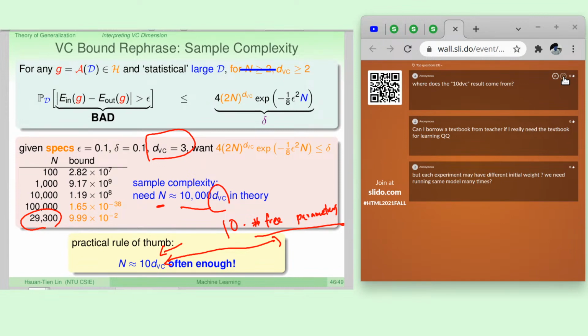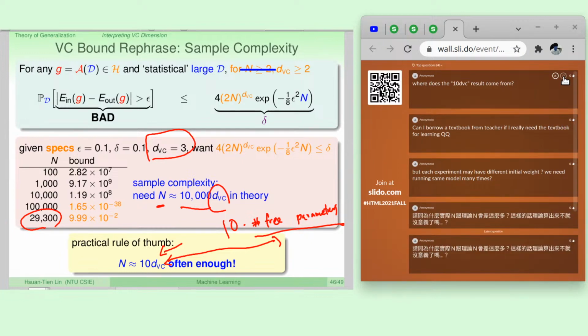That's also a good practice, because if you have 200 examples but give it a model with 100,000 VC dimension, it's doomed to fail in some sense. So this rule of thumb has two possible meanings. If you want a particular model with some VC dimension, gather 10 times more data. If you have some fixed size of data, consider limiting your VC dimension to be 1/10 of your data. Those are good rules of thumb that you can use in practice.